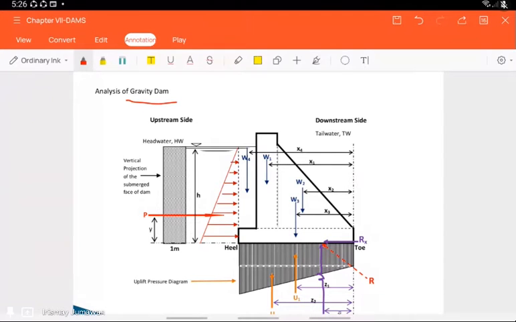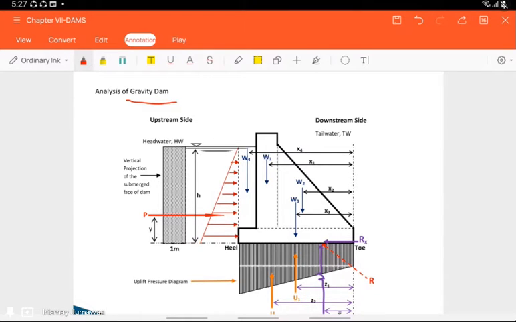And it only uses its own weight to resist all of these forces against the resistance of its foundation against sliding and of this pushing of the pressure of water. So only the weight of the dam. Nag-rely lang siya sa iyahang self-weight. Okay, so that is one of a dam, that is gravity dam.